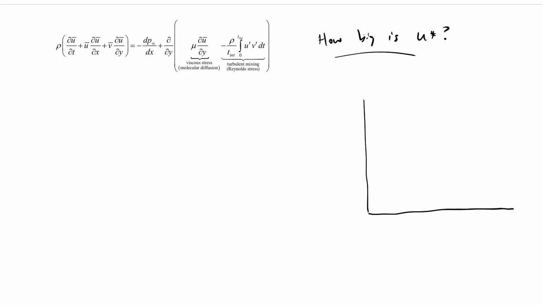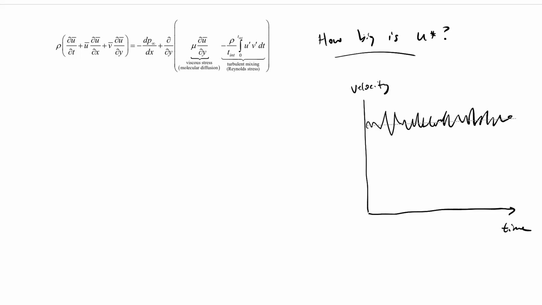So over here, this is our velocity on the y-axis, and on the x-axis we have time. If we plotted the velocity at some position, you're going to have an average occurring in that flow, and then there's fluctuations around that.